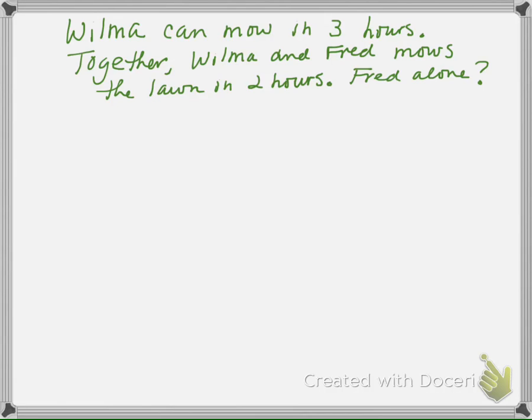We've come back to that idea that if we take Wilma's work rate plus Fred's work rate, they get the together work rate. So if we keep with that same concept, we might end up using subtraction. But if we keep with that same concept of Wilma's work rate plus Fred, right?